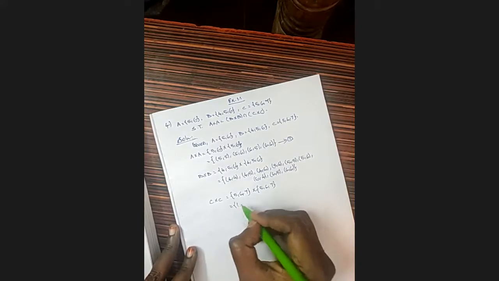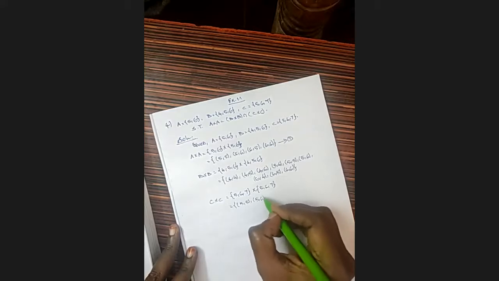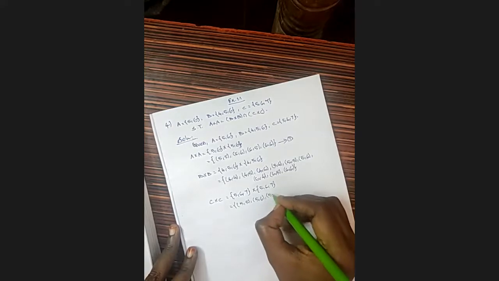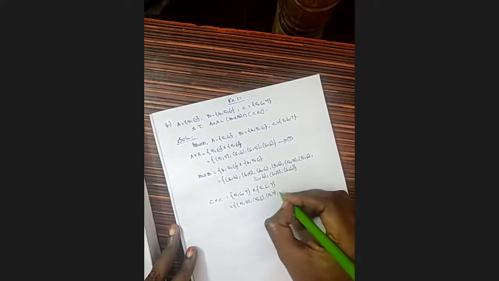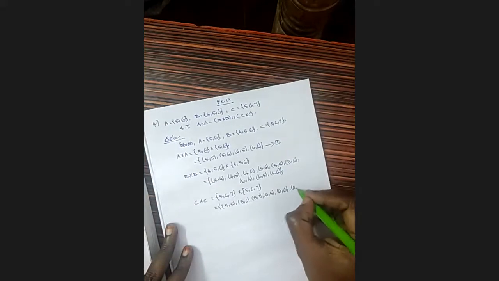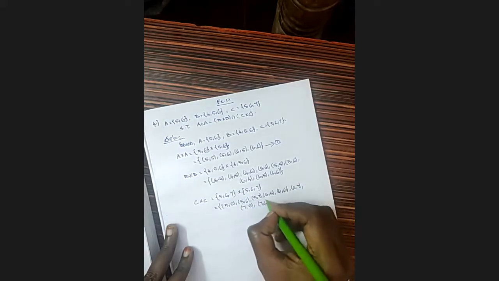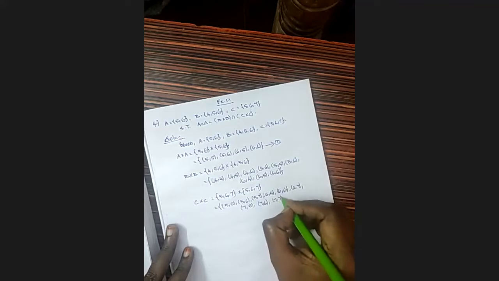So C cross C is (5, 5), (5, 6), (5, 7), (6, 5), (6, 6), (6, 7), (7, 5), (7, 6), and (7, 7).